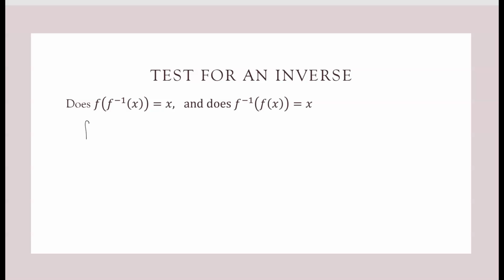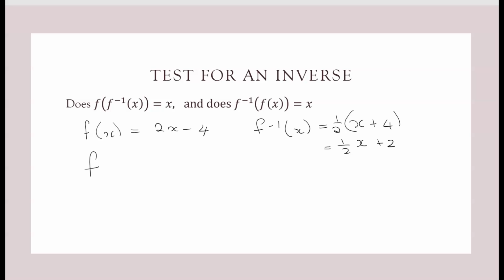So we've got f of x was equal to 2x minus 4, and our inverse, which we wrote as a half x plus 4, which we can just simplify as a half x plus 2. Now we want to prove this by first of all finding the function on a half x plus 2.